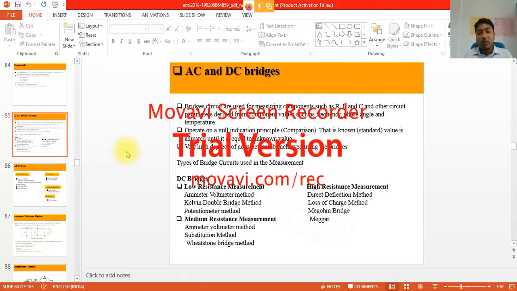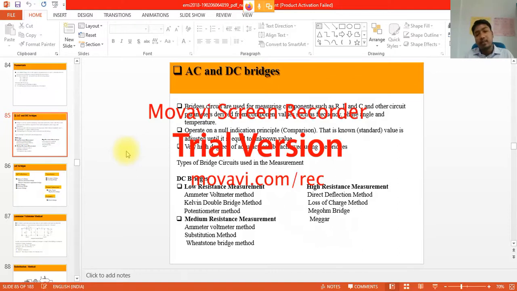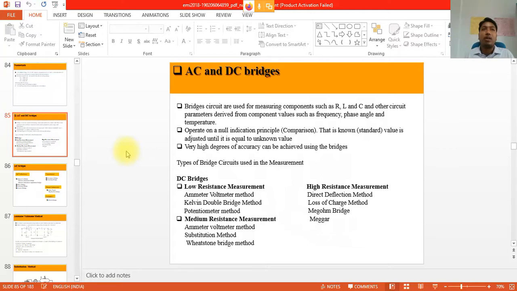So there are 3 or 4 methods in every type of resistance measurement. If you are going to measure low resistance, in the previous lecture I also gave some examples of which particular machine or device comes under the category of low resistance. The windings of transformers, machines, generators, motors have resistance less than or equal to 1 ohm.